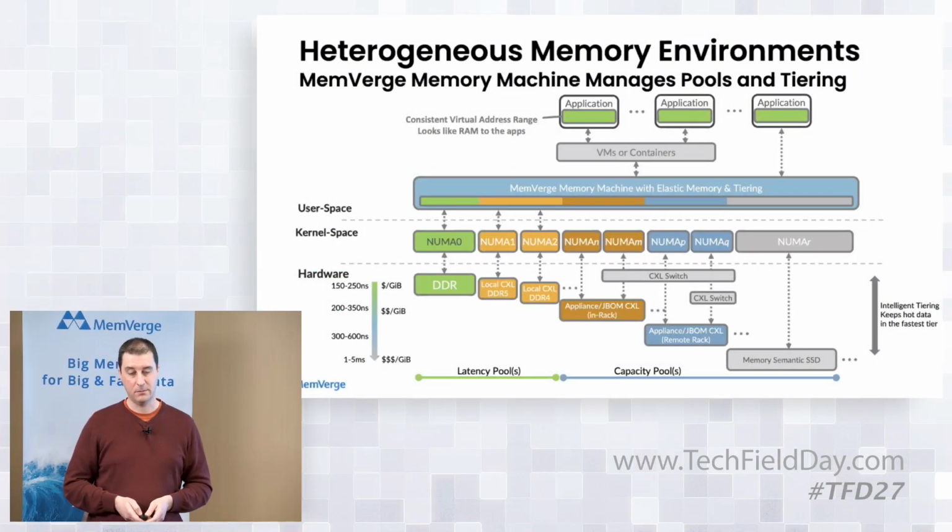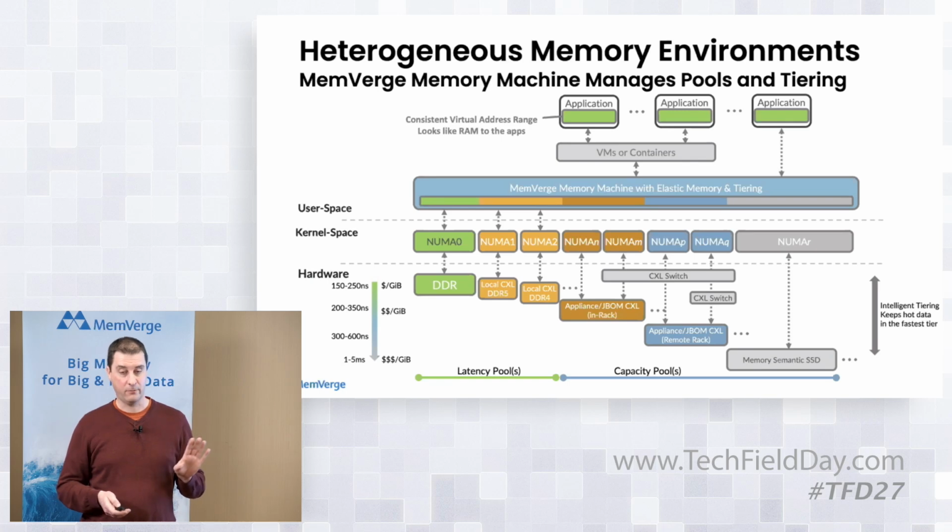Because technically, you could access the data in place, it's still memory, it might have some higher latency for that first hit. But as we identify that that access is becoming warm, we can move it up the stack. In fact, if we go back, over on the far right-hand side here, we have this intelligent data tiering that keeps hot data in the best tier.